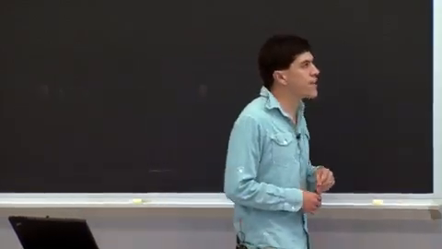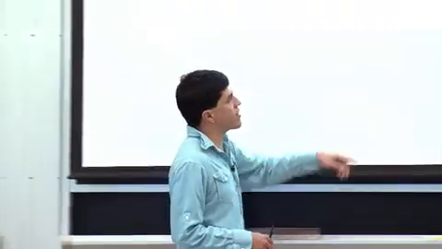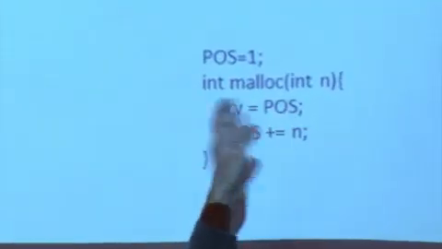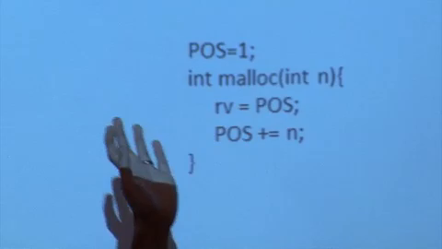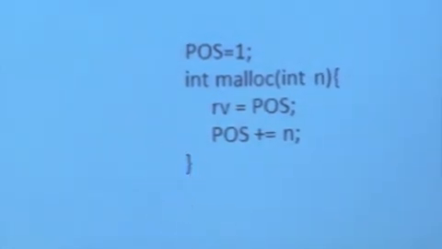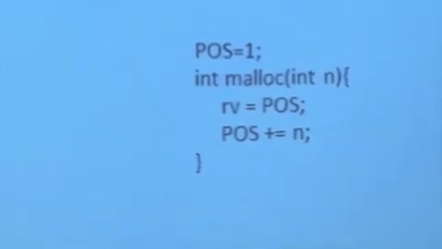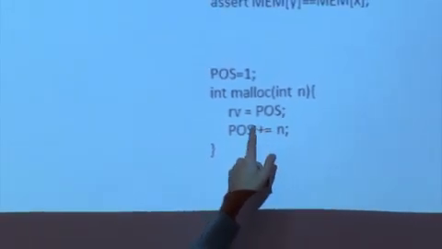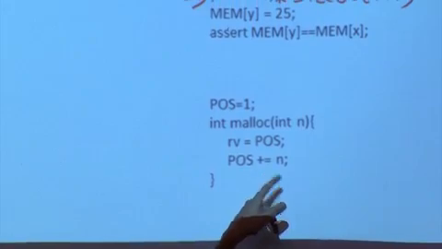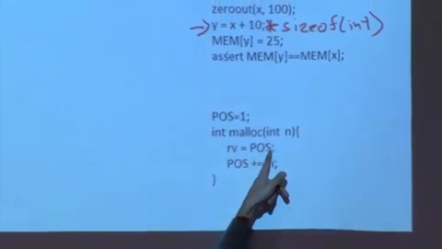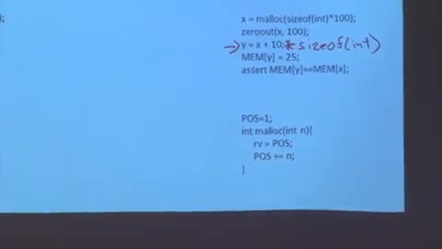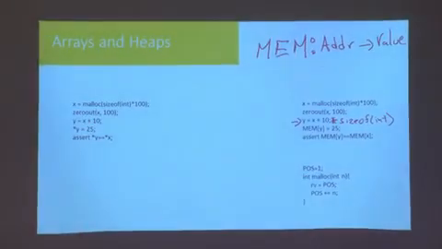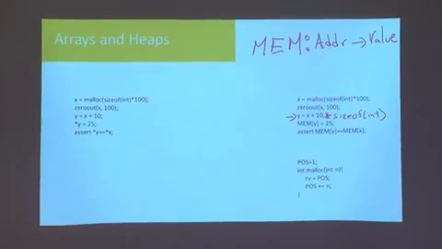In fact, you can get away with a malloc that just keeps a counter for the next free memory location. Whenever somebody asks for an address, I'm just going to give them this position and then increment the position, and then return RV in this case.